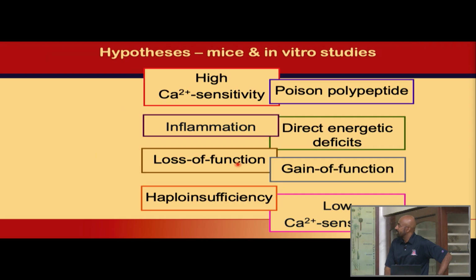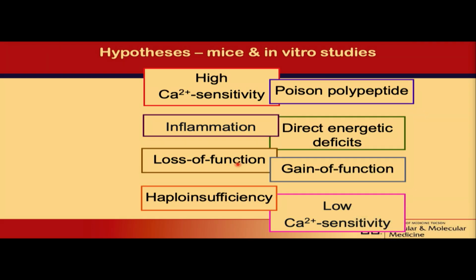So again, hypotheses from both mouse models and in vitro studies suggest various mechanisms that can be found in the literature. For example, some mutations, either in troponin I or troponin T, can cause high calcium sensitivity. Some mutations can cause poison polypeptide.